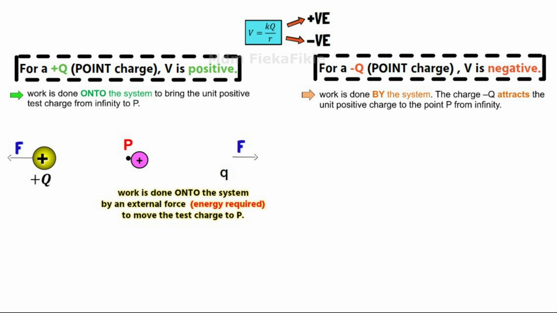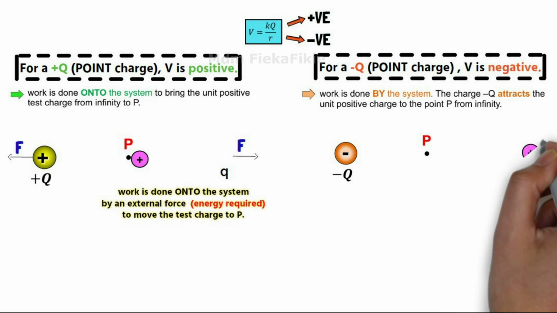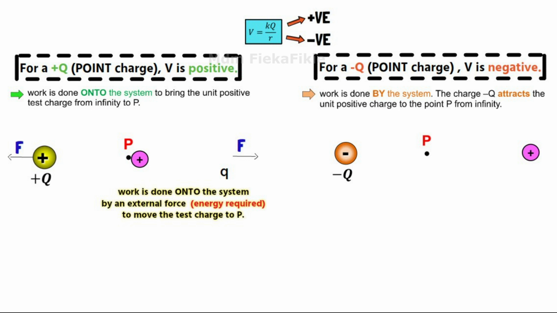So kita ada negative point charge here and point P. Let's say I have a positive test charge at infinity and we want to bring that positive test charge to point P. Tapi disebabkan kita ada point charge kita negative and test charge kita positive, automatically both charges will attract one another.